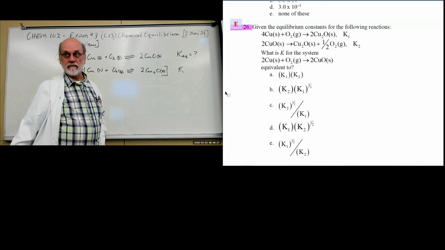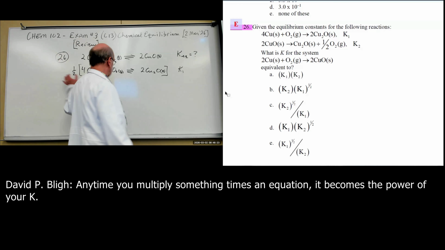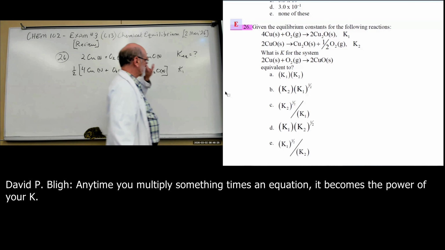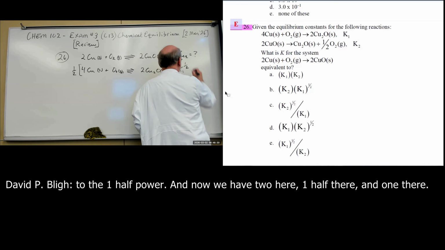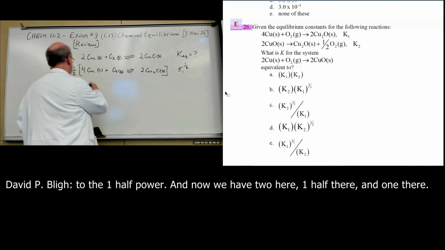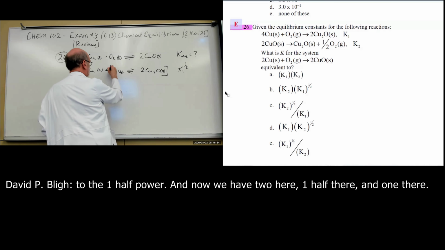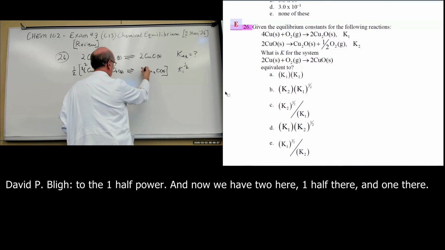To the half power, right? Anytime you multiply an equation by something, it becomes the power of your K. So this is going to be to the 1/2 power. And now we have 2 here, 1/2 there, and 1 there.